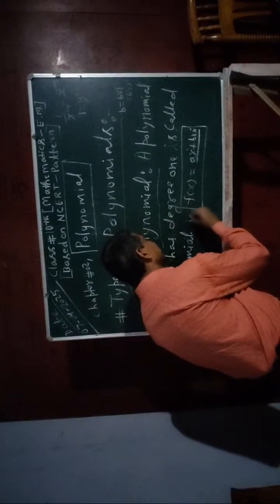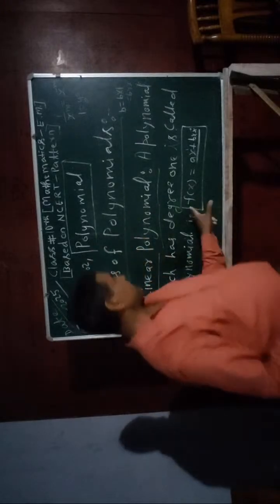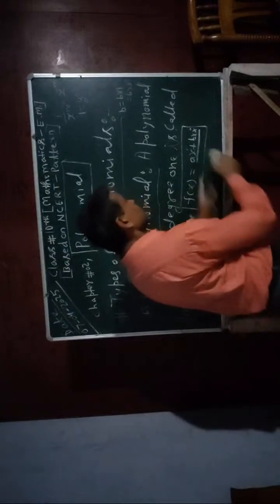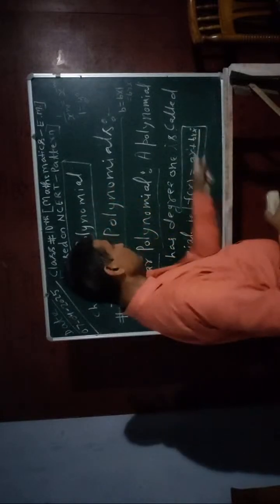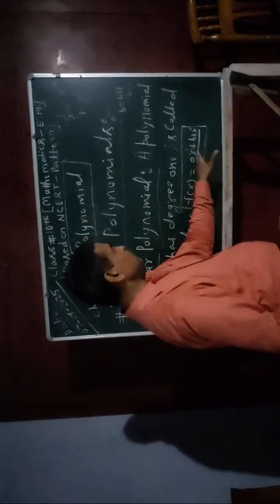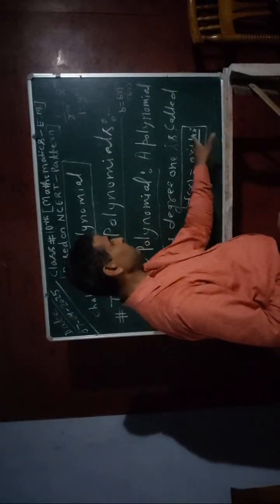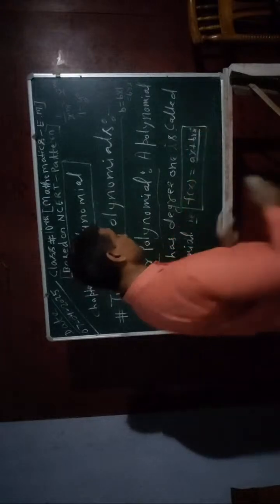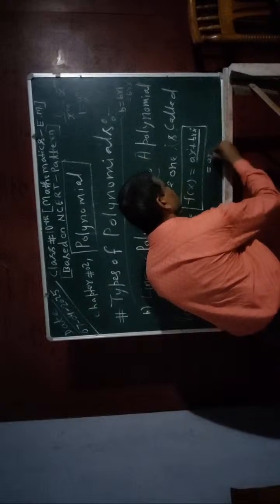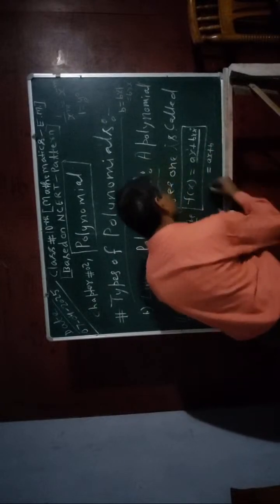This is the example, that is here I am writing it: f of x is equal to ax plus b, because here I have written a x to the power 1 and b into x to the power 0, which will become 1. So I can write it as ax plus b.